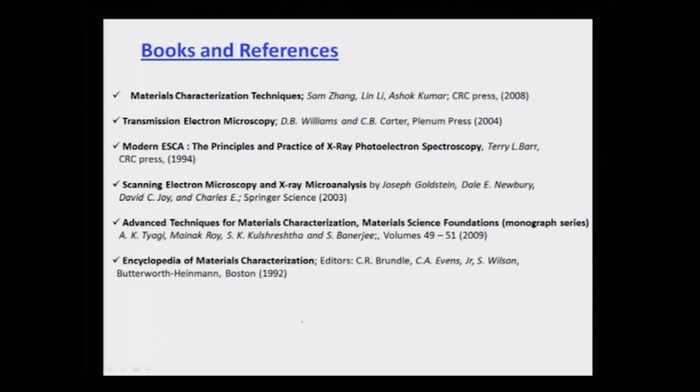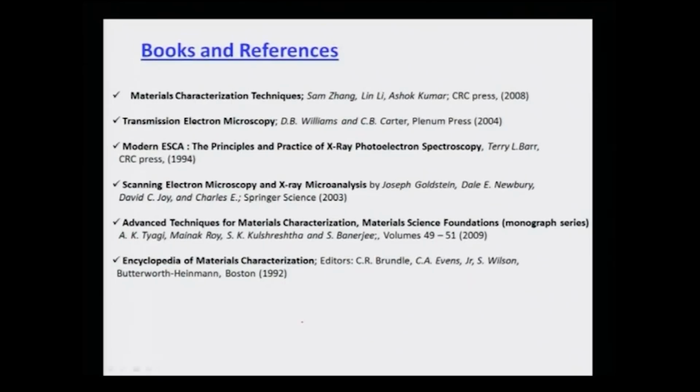The first one is Materials Characterization Techniques by Zhang, Li and Kumar. It was published in 2008, and talks about all the characterization techniques in brief. Second one is on transmission electron microscopy by Williams and Carter. Third one is Modern ESCA, the principles and practice of X-ray photoelectron spectroscopy by Briggs, from CRC Press.